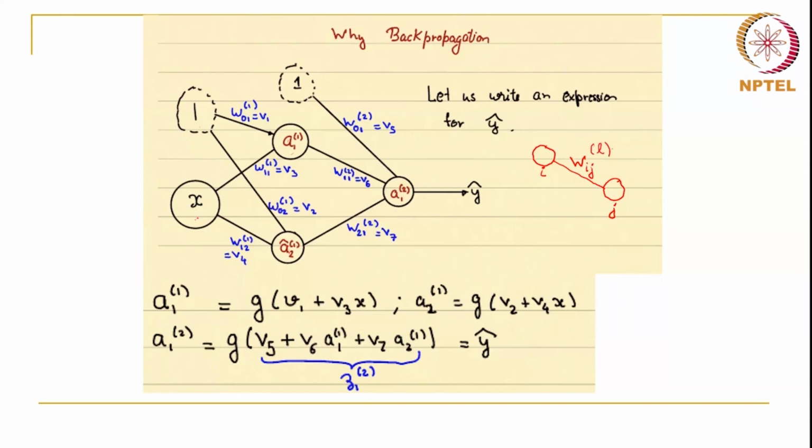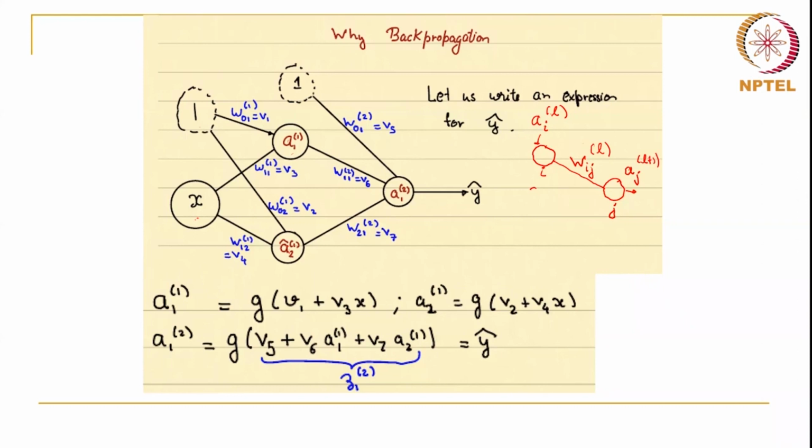I call it layer L. This one will be A_i^L. This one will be A_j^(L+1).